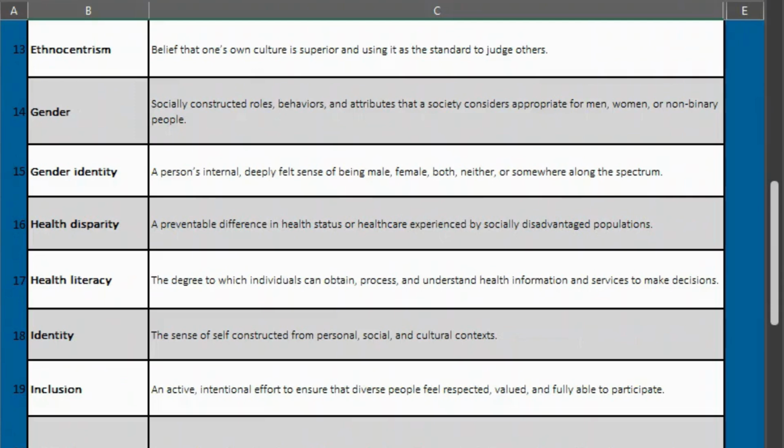Health disparity: limited dialysis sites in rural areas contribute to renal disease disparity. Health literacy: use pictograms for low literacy patients when teaching wound care. Identity: asking, what name do you prefer we use? Affirms patient identity.